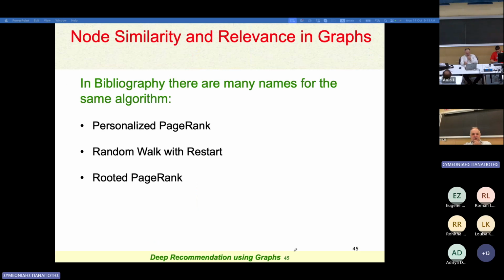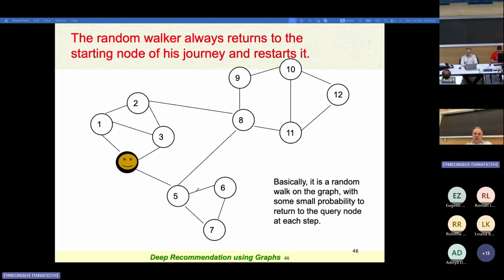The different names of the PageRank in terms of the node similarity: personalized PageRank, random walk restart, rooted PageRank. And here we see a visualization and animation of how the nodes that are close to the initial node in this random walk restart algorithm become more important in terms of relevance to the initial node.